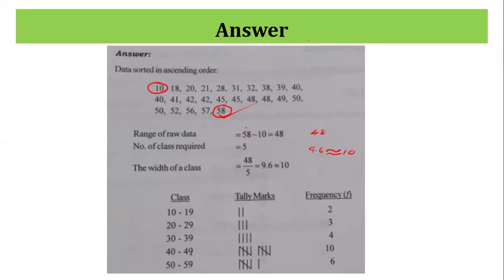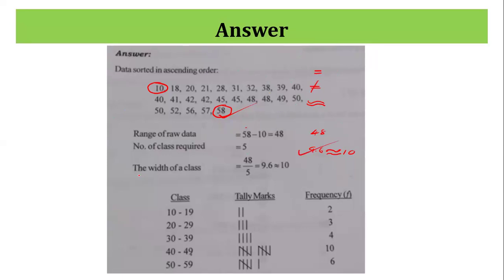We use an equal sign, and another one, approximately equal. 9.6 is approximately 10.